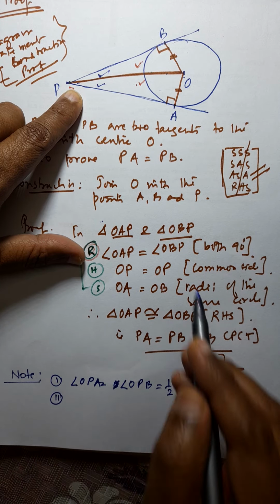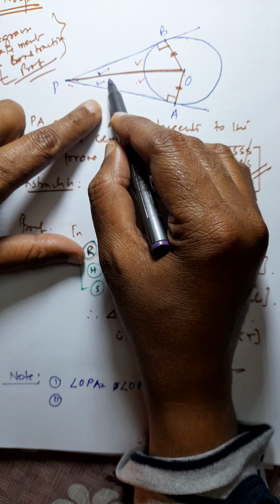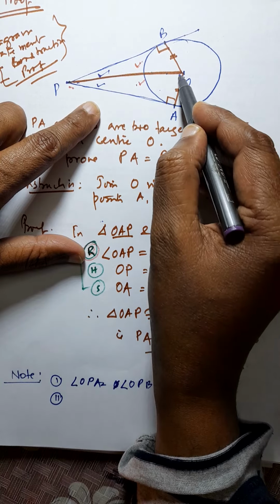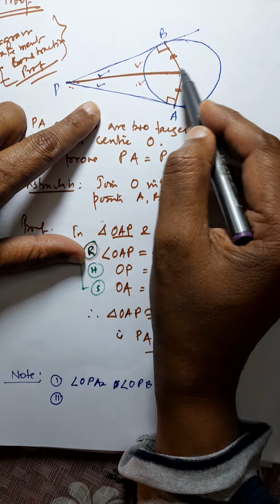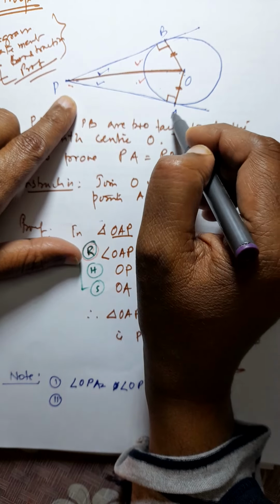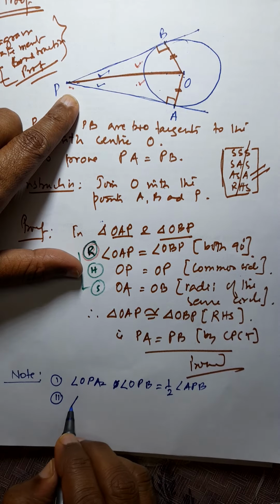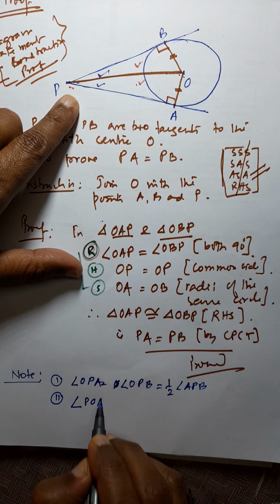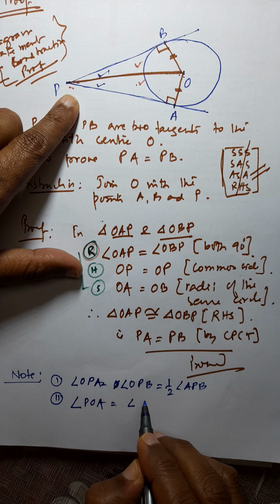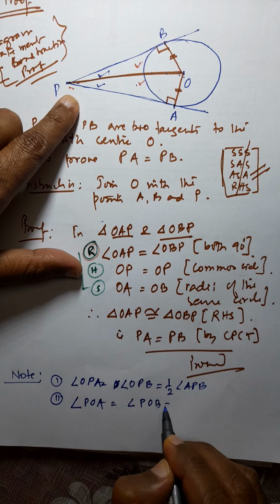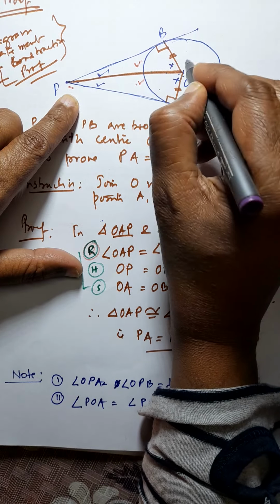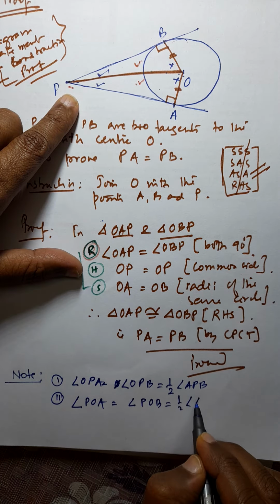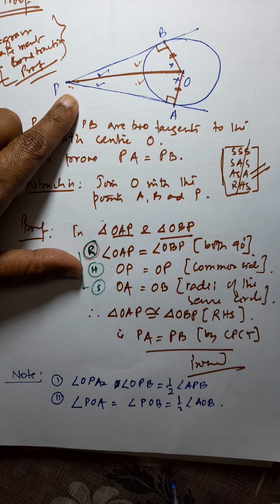Number 2, be careful, this will be used to solve problems. Angle OAP is equal to angle OBP, and this is half of angle APB. Again, angle POA is equal to angle POB. This angle is equal to this angle, and these are the parts of the complete angle. So we can say half of angle AOB.